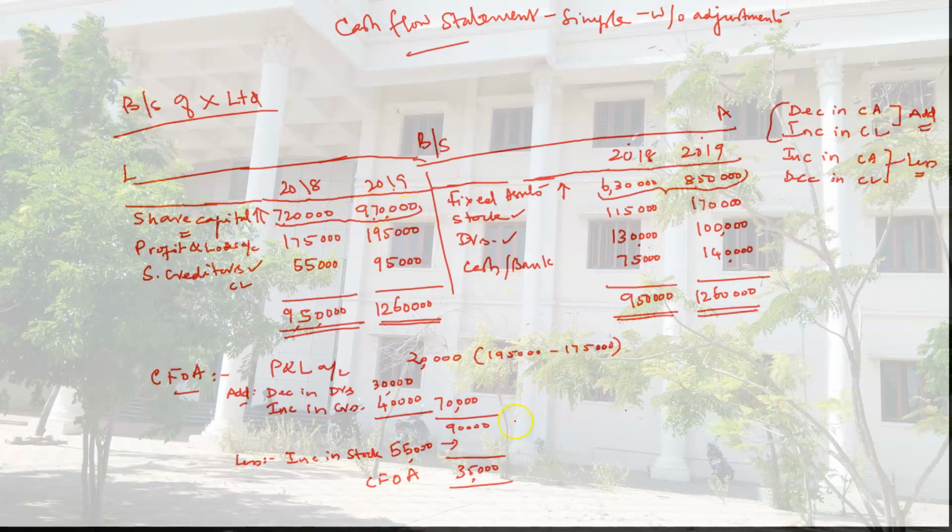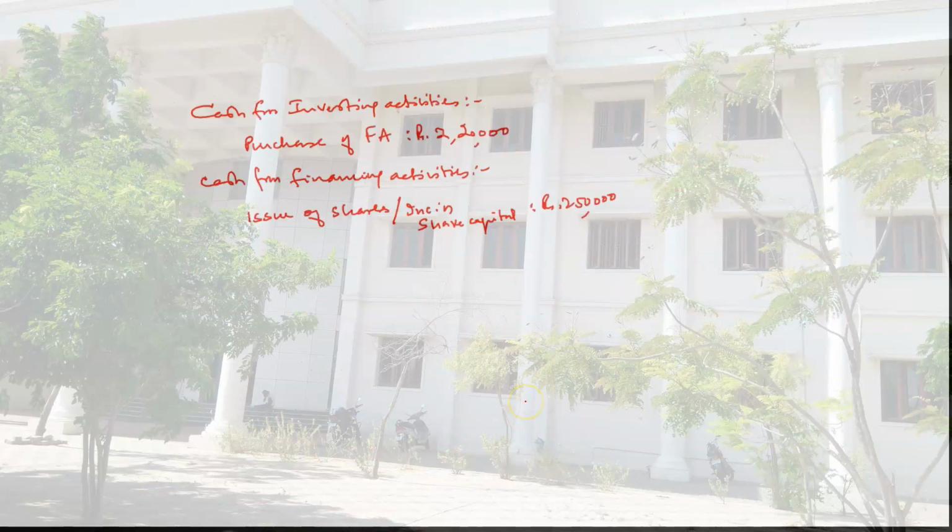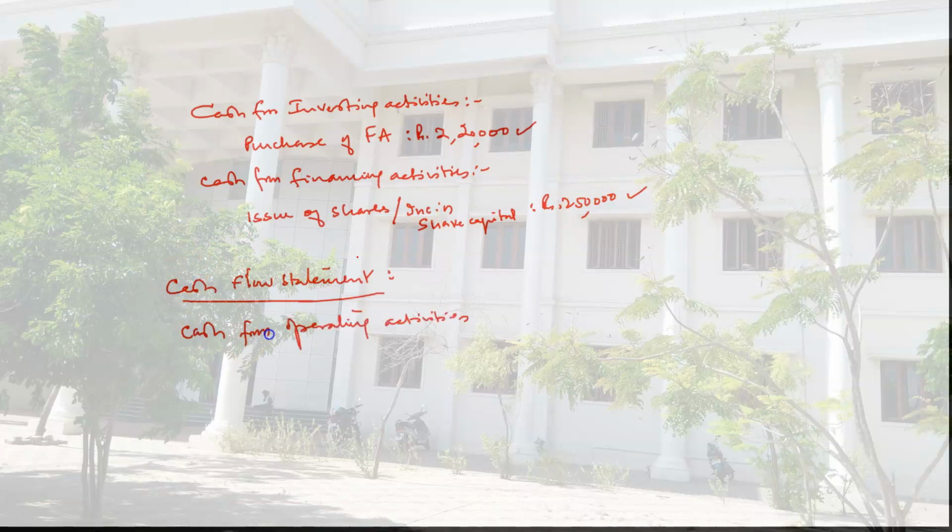So now we can consolidate all these three. We have got now cash from operating activity, we have cash from investing activity, and cash from financing activity. So now cash flow statement. Cash from operating activities 35,000. So here purchase of fixed assets means cash would have gone out. So cash outflow on investment activity 2,20,000, and cash from financing activity 2,50,000.